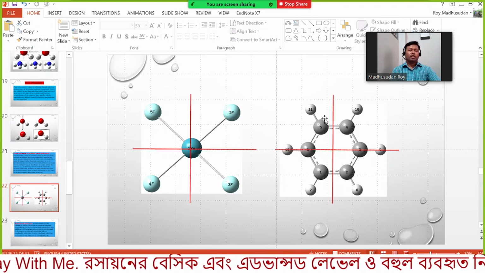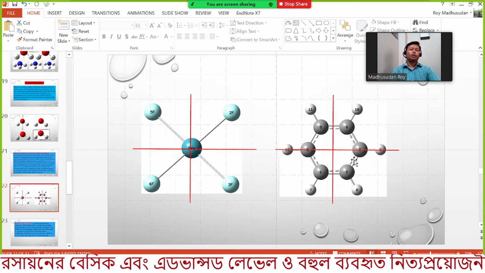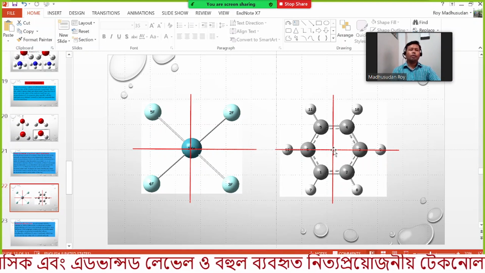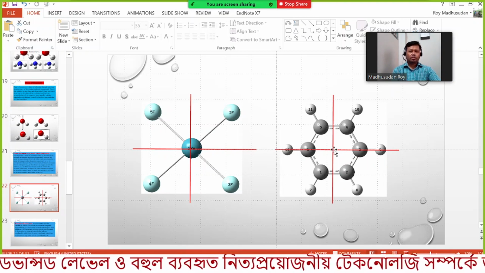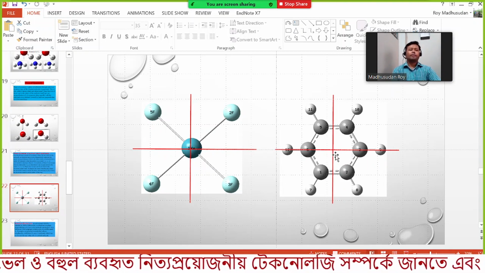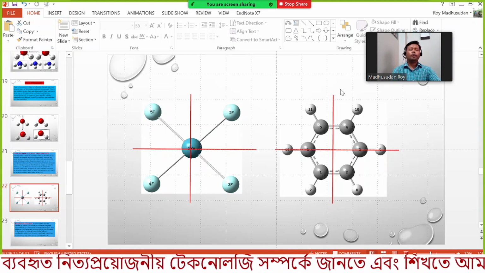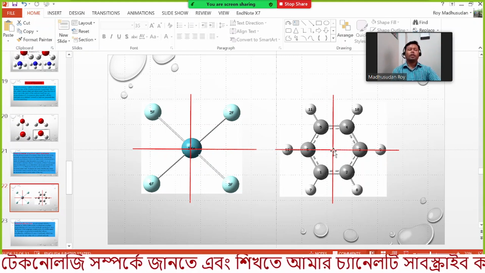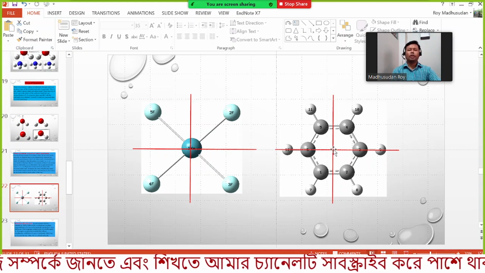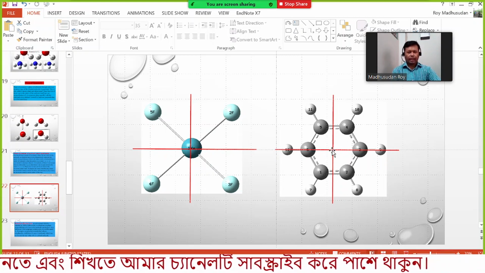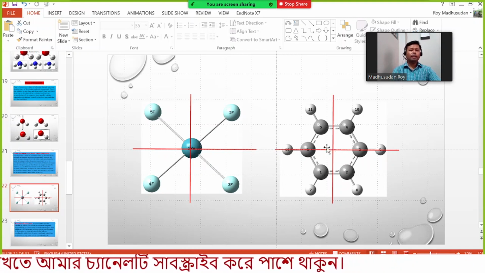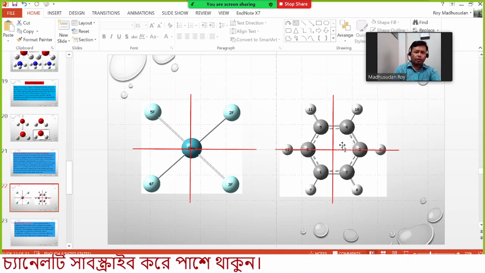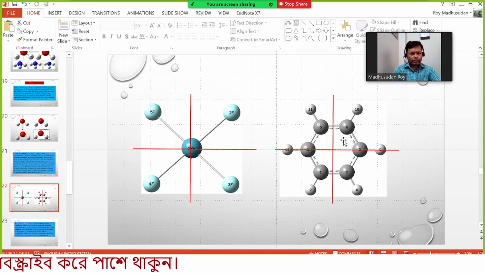However, if we consider the benzene molecule, and you invert this molecule based on the center, this benzene molecule is exactly identical in every way. If you invert this molecule at the center, what will happen?